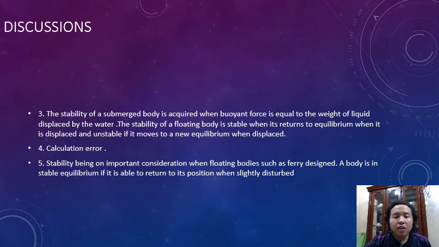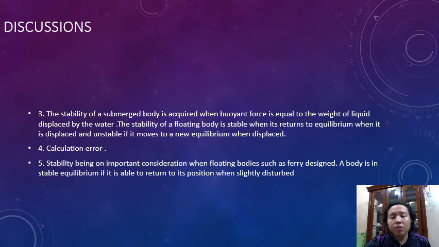Number 5, stability is an important consideration when floating bodies such as ferries are designed. A body is in stable equilibrium if it is able to return to its position when slightly disturbed. If it fails, it is because of unstable equilibrium.